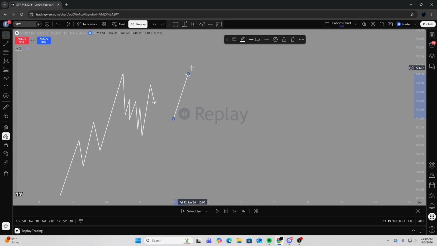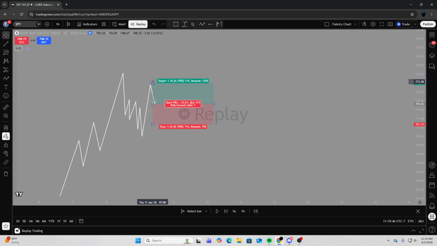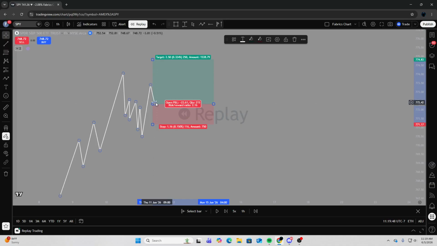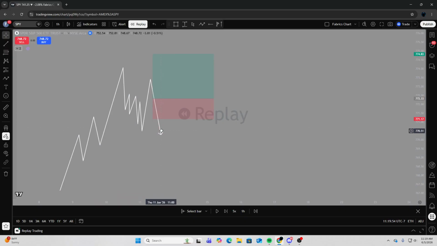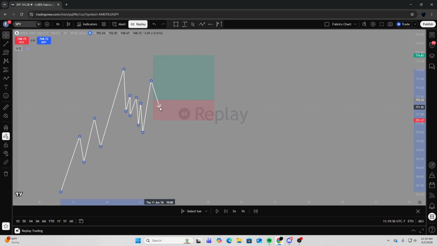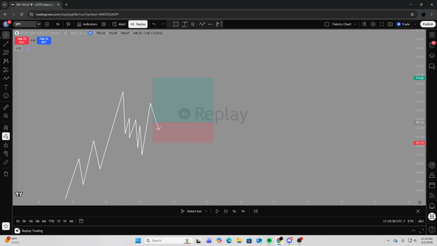People say, oh, this is obvious longs, and they're going to long here and then get completely stopped out. Which again, all depends on your risk to reward. That would be a fair loss because you'll kind of see why.